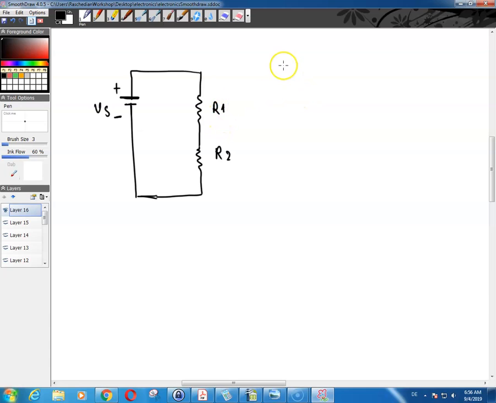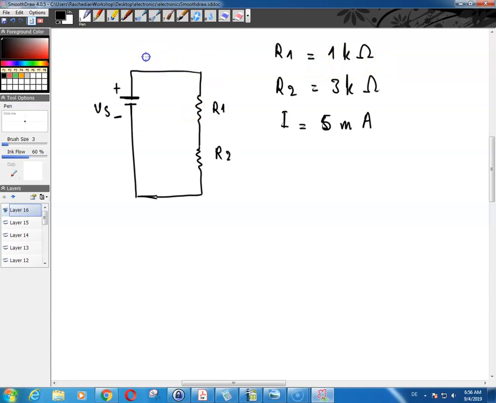Let's say that your R1 is equal to 1 kilo ohm, your R2 is equal to 3 kilo ohm, and your I is equal to 5 milliamps.